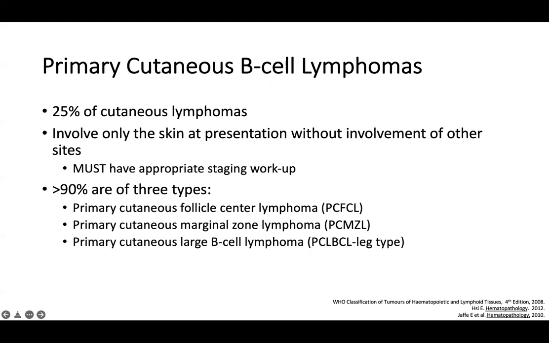However, pure primary cutaneous B cell lymphomas, if you catch them without any systemic involvement, then that is kind of going to help you classify it as a primary cutaneous B cell lymphoma. Many times clinically, you're going to find involvement of the skin by systemic. So you really have to correlate clinically.